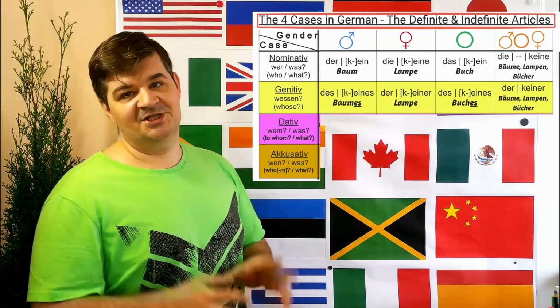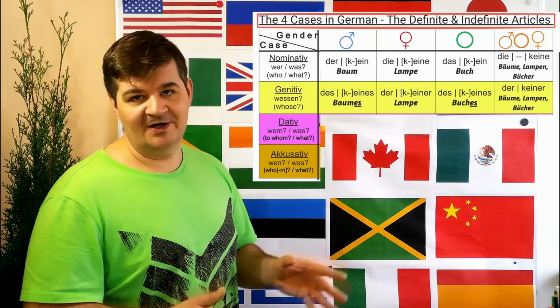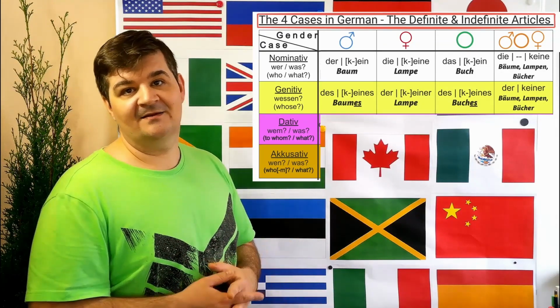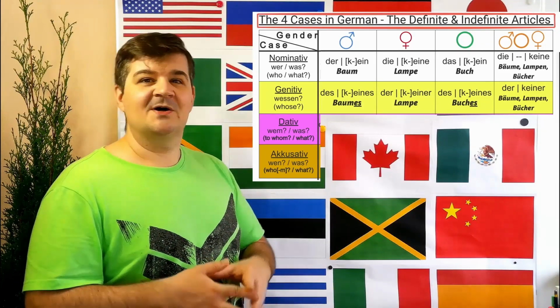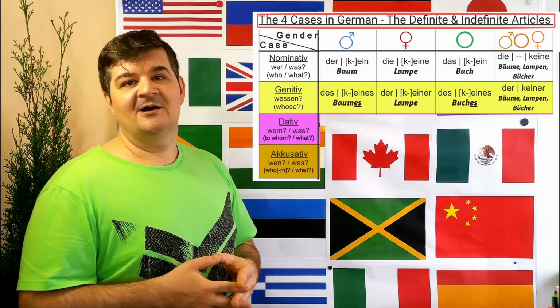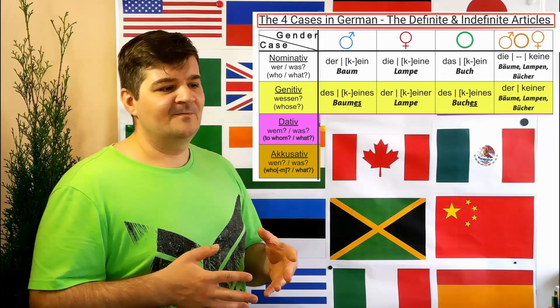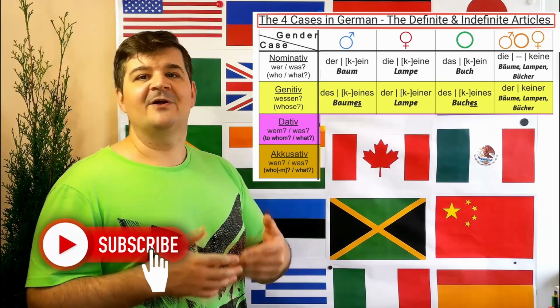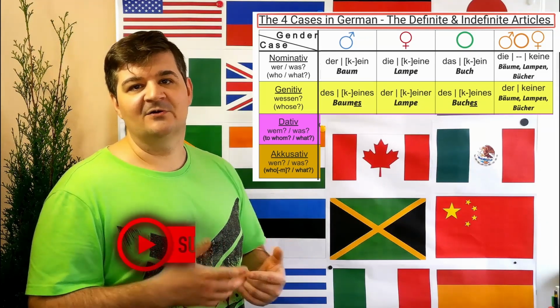Alright, the genitive, as I told you, is one of the hardest to understand and to use in German, because in many cases genitive also has this way of being used in a very higher standard form of talking German.